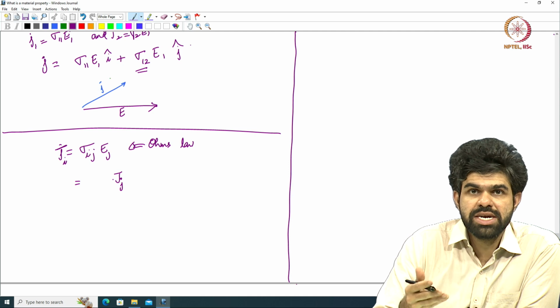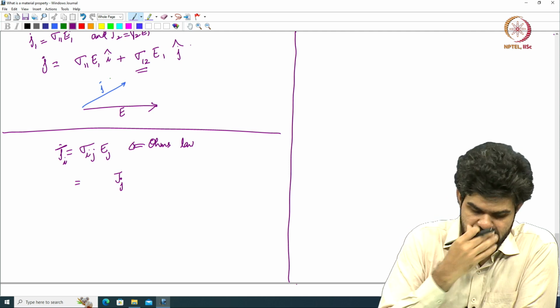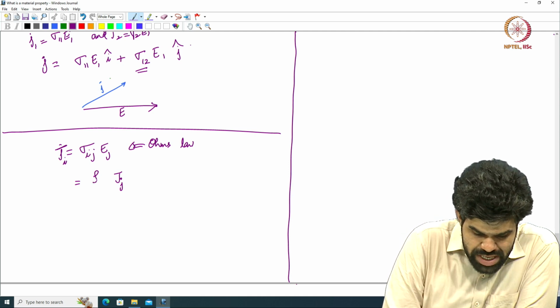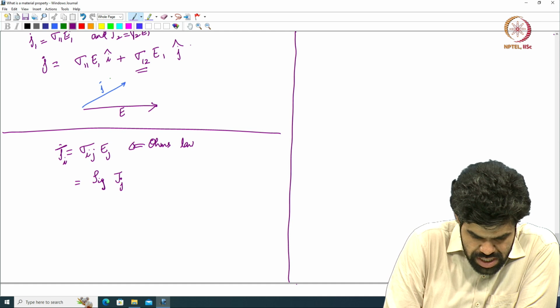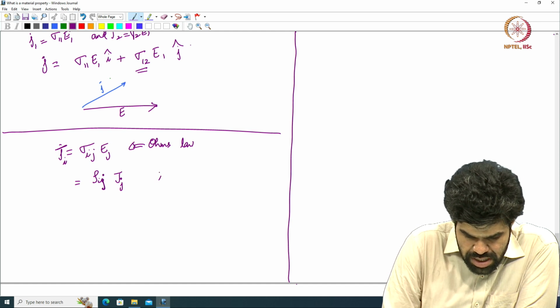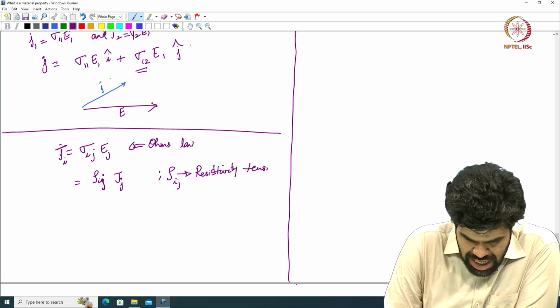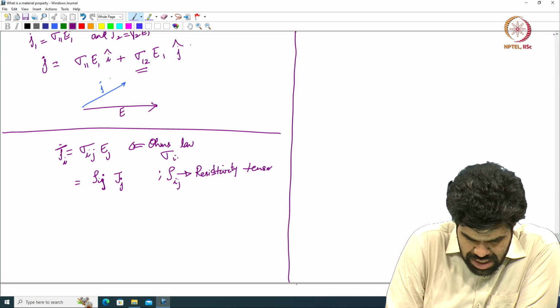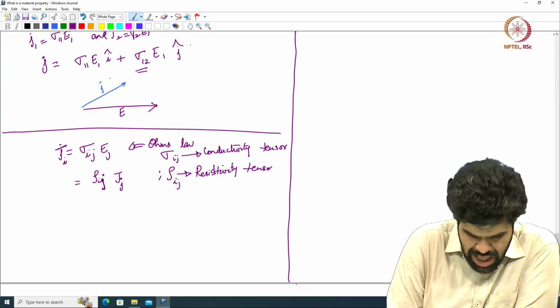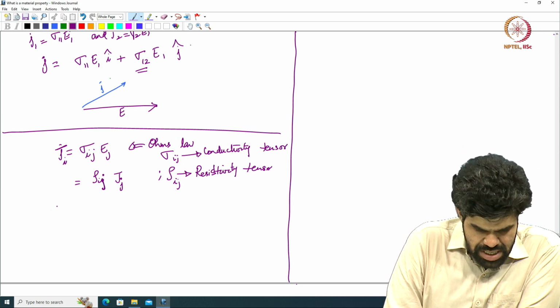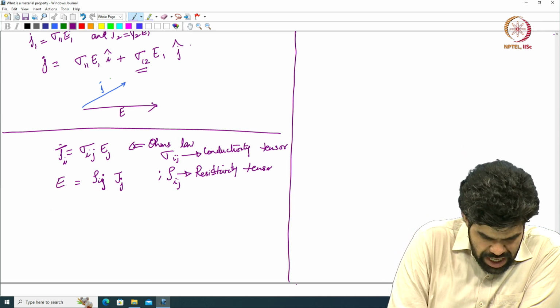Small j is the direction, small j is the index, capital J is the current density, times rho i j, where rho is the resistivity tensor, and in this case sigma is the conductivity tensor. So, rho i j J j should be equal to E i, right.